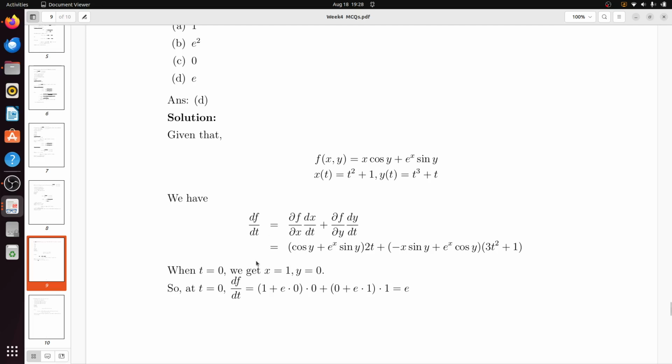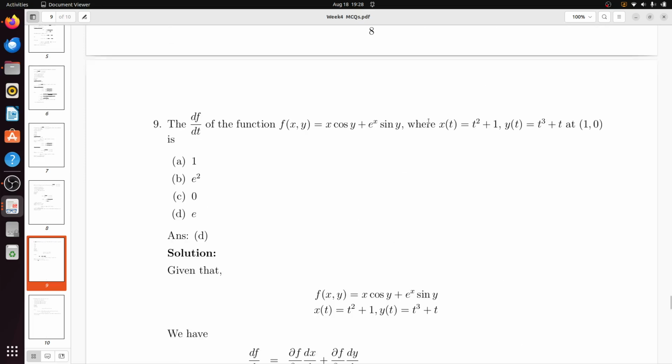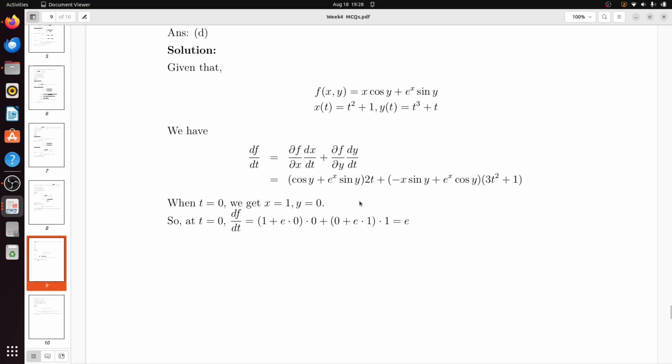Now when t equal to 0, what is the value of x? When t equal to 0, x is equal to 1, and y is equal to 0. That's why you have taken the point (1, 0).